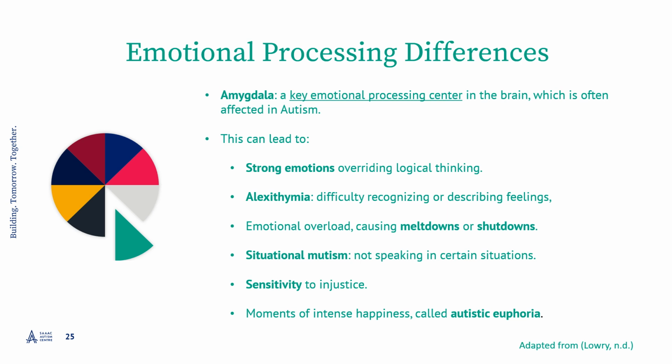They may experience emotional overload, causing meltdowns or shutdowns. They may have situational mutism, which involves not speaking in certain situations due to overwhelm. They may be extremely sensitive to situations around justice and injustice. And they may also experience intense moments of happiness, which is known as autistic euphoria.